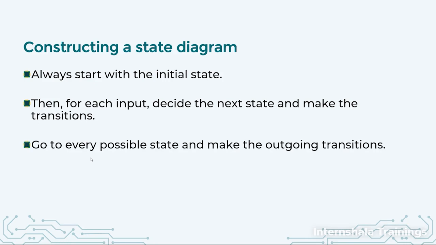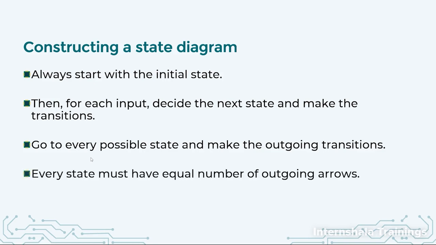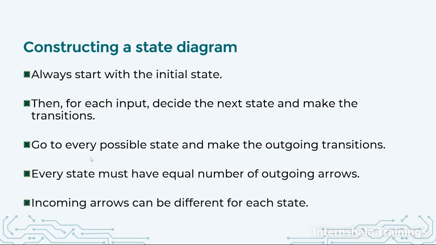Then we will create some new states and go to every possible state and again repeat the process. That means again consider n outgoing arrows and make the transitions. Every state will have the same number of outgoing arrows because every state can be given the same number of inputs. Whereas the number of incoming arrows on a given state may not be the same, because more transitions can converge on a single state, so that can be different.